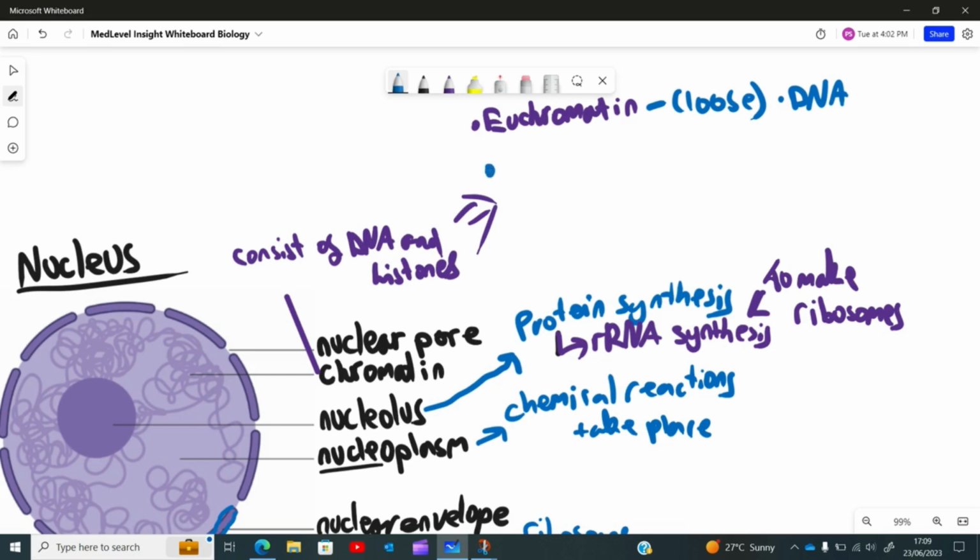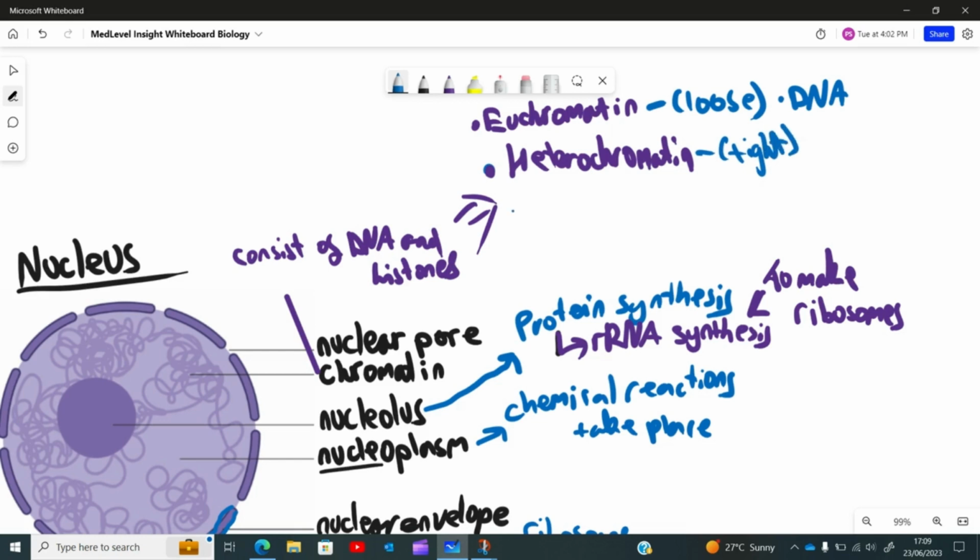Also, the second being heterochromatin. Alright, so heterochromatin is tight. So it's different from euchromatin.